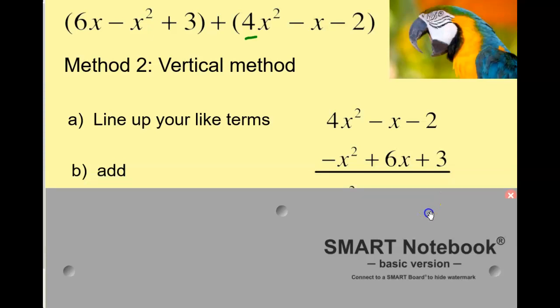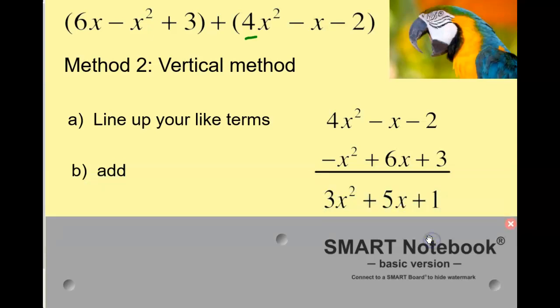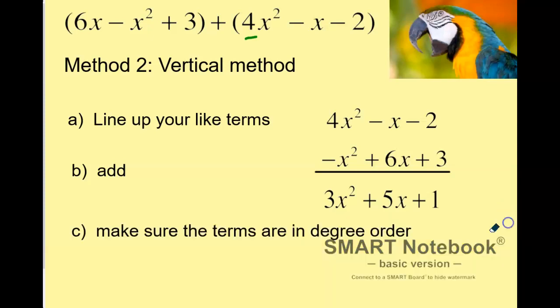So 4 minus 1x squared is 3x squareds. 6x squareds take away 1x is 5x. And 3 take away 2 is 1. And I already have them in the degree order. They're going from highest to lowest.